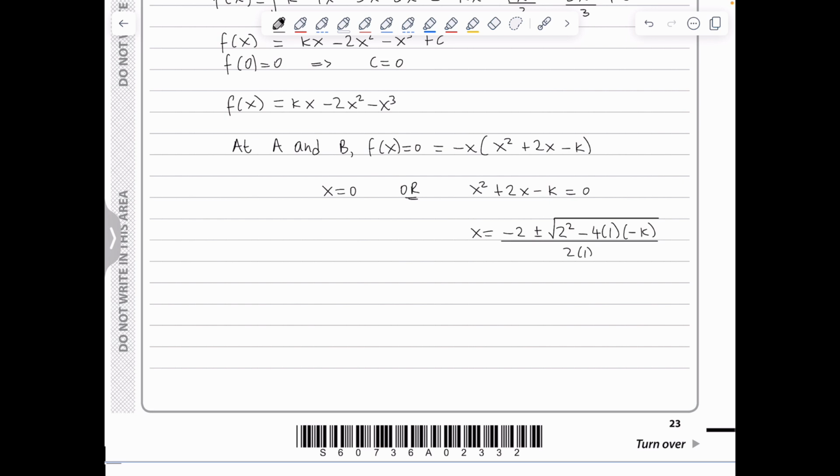So this leads to x is minus 2 plus minus the square root of 4 plus 4k, and all of it over 2. So obviously the positive solution is for b and the negative solution is for a.